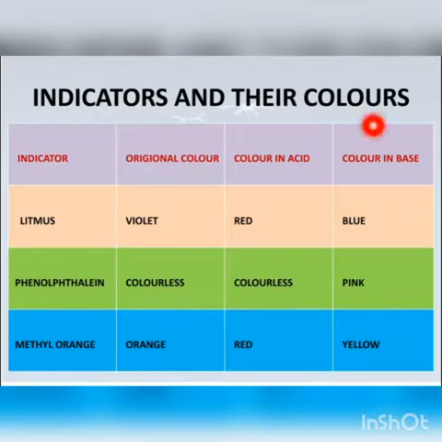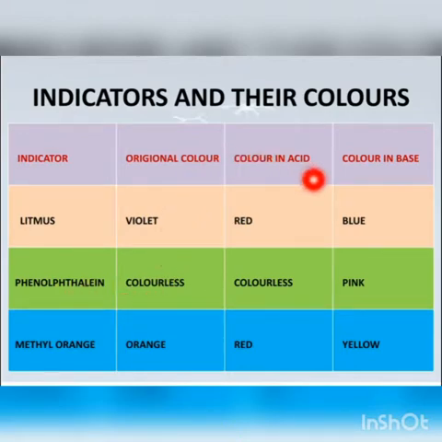Okay class, now this is a table of indicators and their colors. Indicators: we have litmus, phenolphthalein and methyl orange. Their original colors are: for litmus, the original color is violet; for phenolphthalein, colorless; and methyl orange is orange.